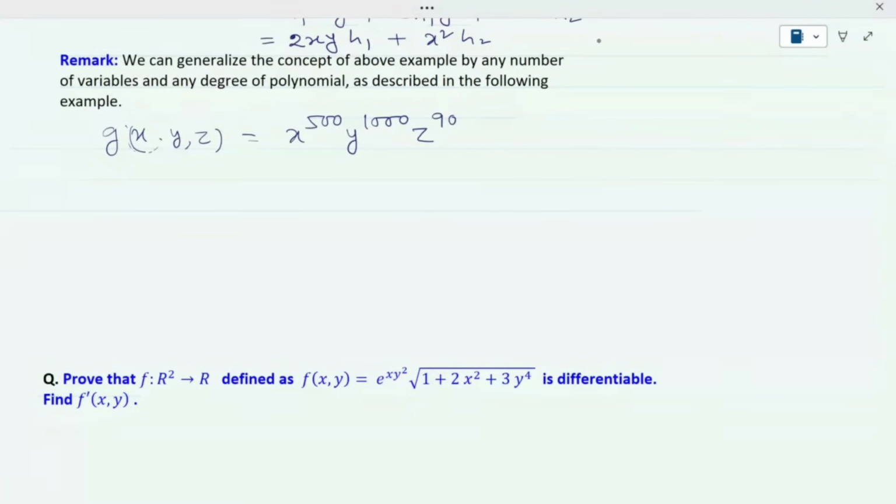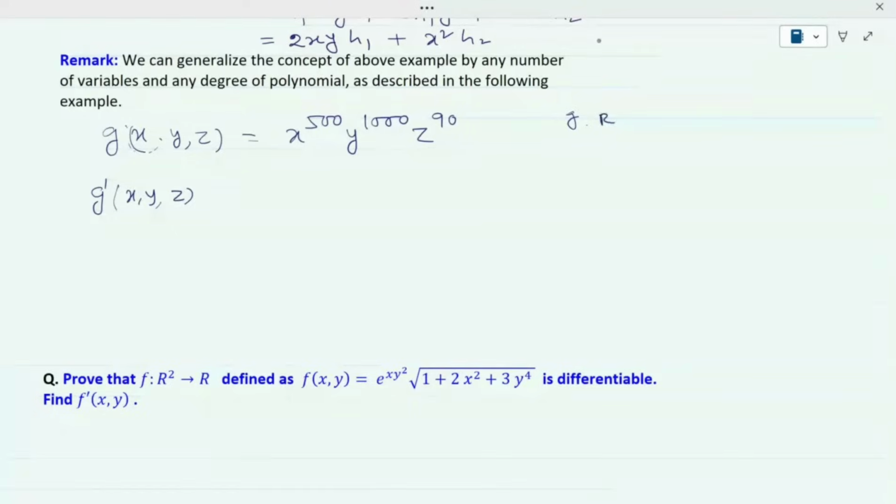You could take the derivative using the product rule, but because of x to the power 500, we cannot write 500 linear operators to solve this problem. So therefore the generalized formula, g dash xyz.